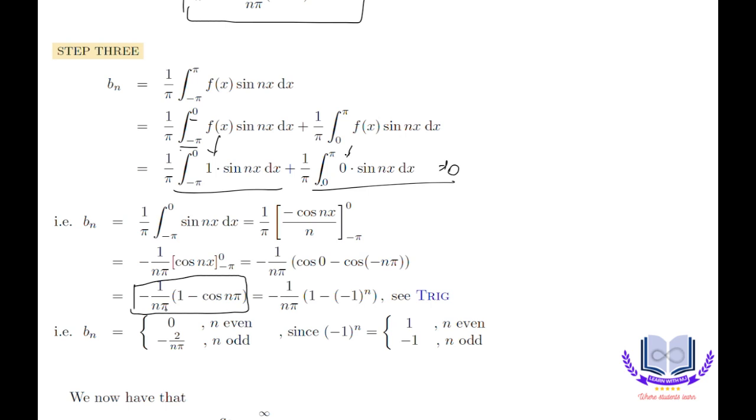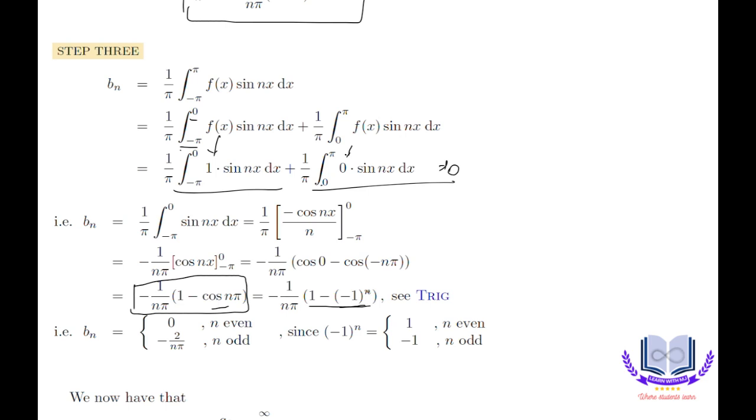So minus 1 upon n pi and 1 minus cos n pi. So again, cos n pi is replaced by minus 1 power n. Okay. Now again, this equation is same. So whenever you see this type of equation, what you have to do, you have to break it for n is equal to odd and n is equal to even.